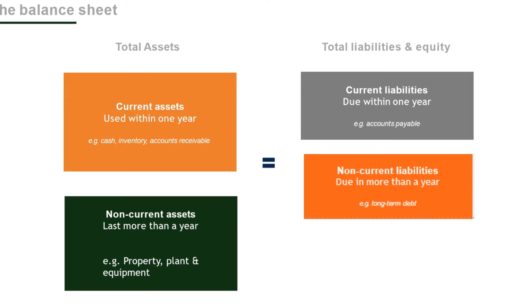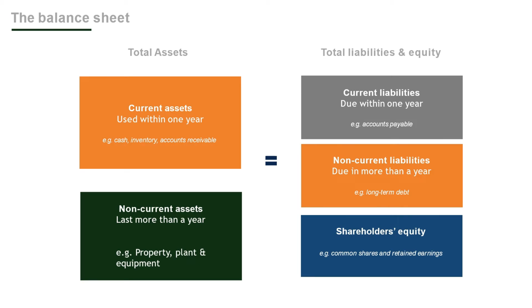So by adding together all of the company's current liabilities and the non-current liabilities, we arrive at the total liabilities on the balance sheet.